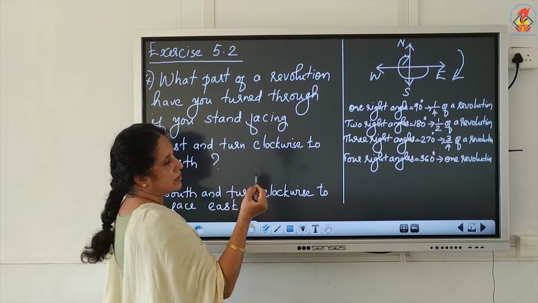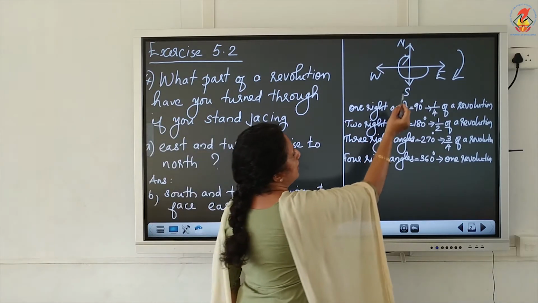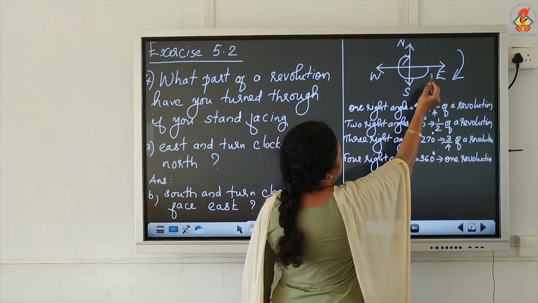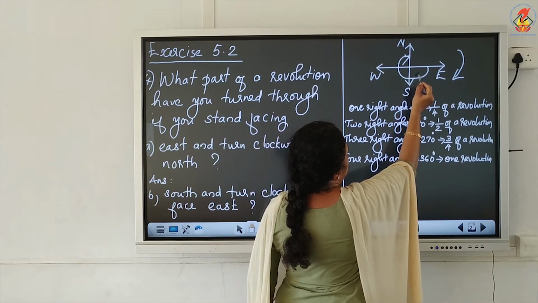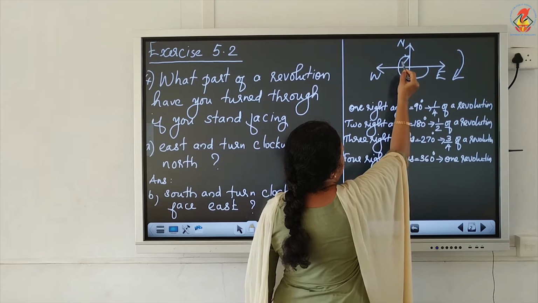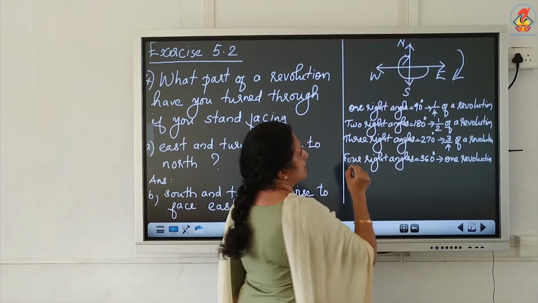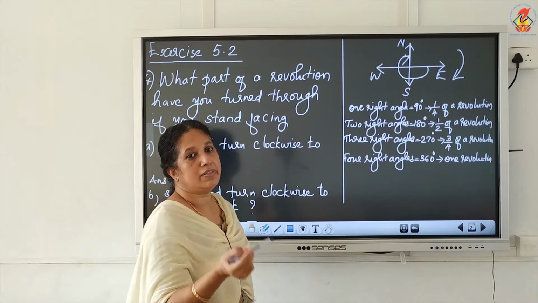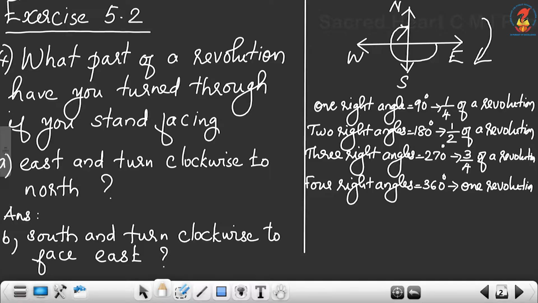Now can you say how many right angles you turned? We can see that here this is the first right angle, second right angle and third right angle. So you have turned three right angles. The number of right angles turned is equal to 3.